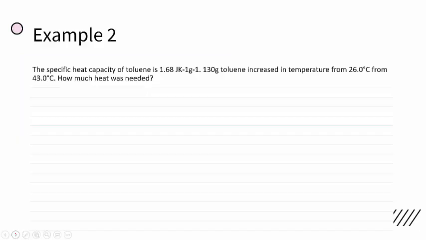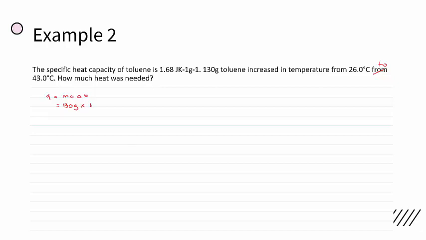Okay, here's another example that we're going to work through together. The specific heat capacity of toluene is 1.68 joules per degree per gram. 130 grams of toluene, increasing temperature from 26 degrees to 43 degrees. There's a mistake there. How much heat was needed? Okay, so Q is MC delta T. So M is the mass of toluene, which is 130 grams.